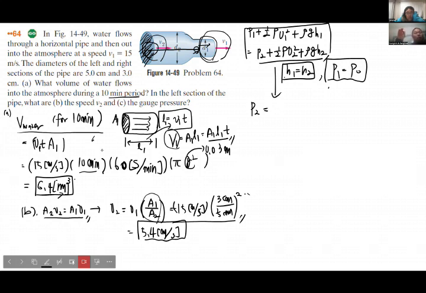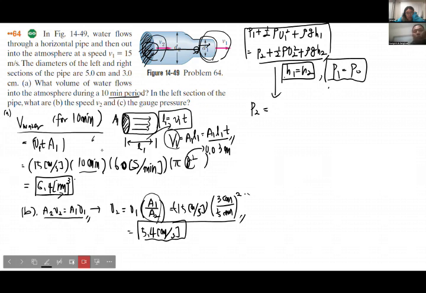But the atmospheric pressure is applied equally to the same spot as long as they're sitting on the same horizontal line. But the pipe itself changes its size, so the pressure and the speed change, because the total energy must be conserved.